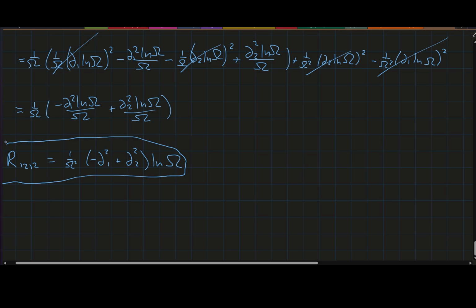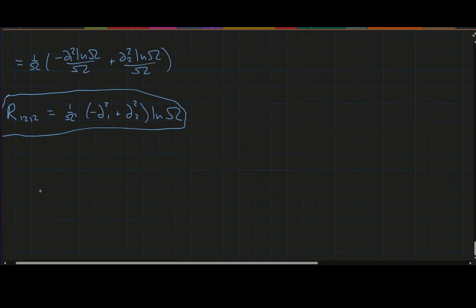The last thing to do is relate this back to the Riemann tensor component, sorry, that we calculated using the component methods. So these are related like this. This can be found in the book, but I will write it here.